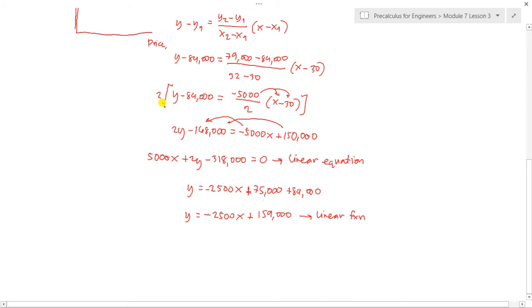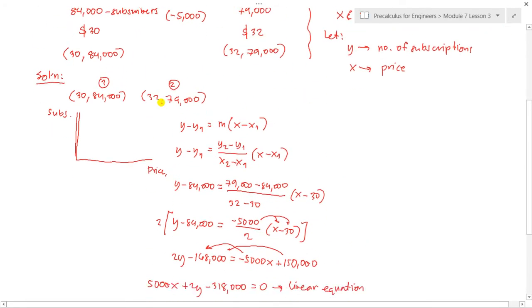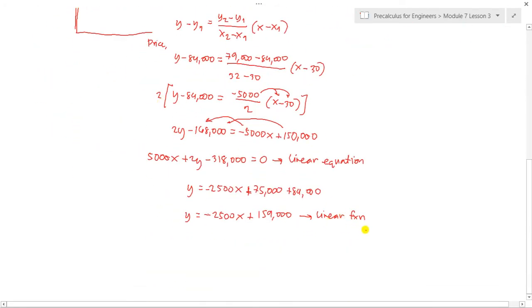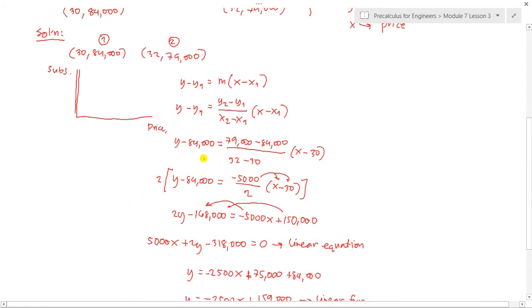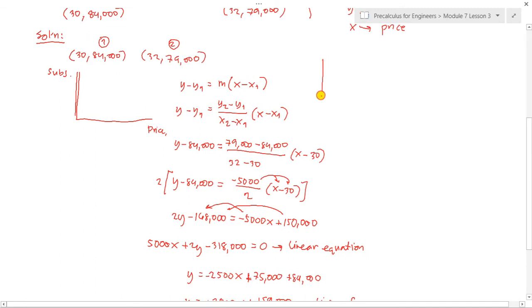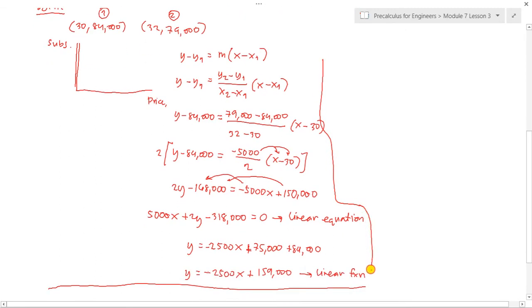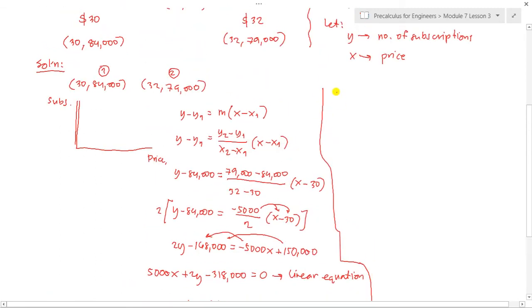To get the maximum value for our revenue, of course we should first have the formula for the revenue. So here, solving for the formula for revenue R.